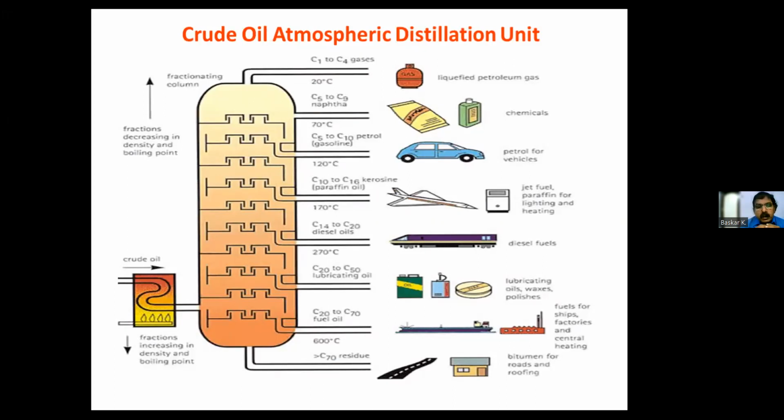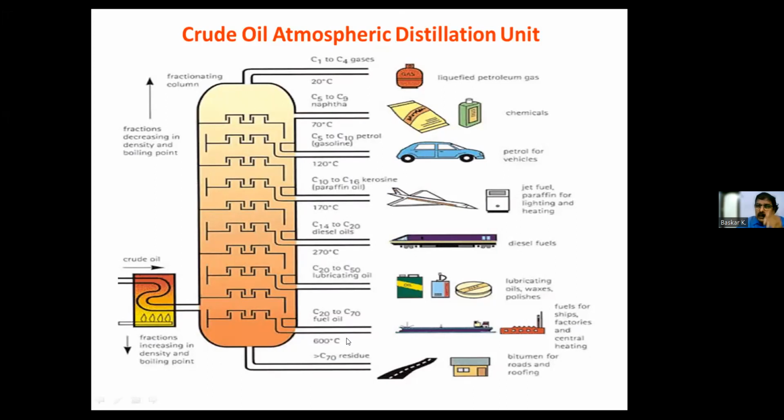If we want to distill the heavy ends at atmospheric pressure, you need to keep higher temperatures. You understand the point, no? For LPG, you are keeping 20 degrees. For fuel oil, you are keeping 600. If you want to recover lube or other products from the bottom, you need to keep 1000 degrees, 800 degrees like that, at atmospheric pressure.